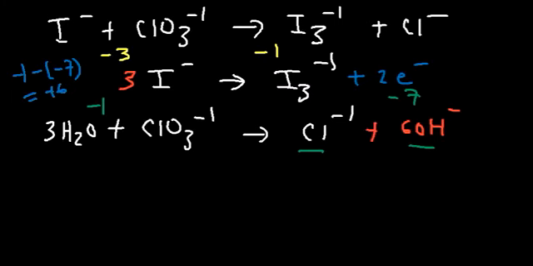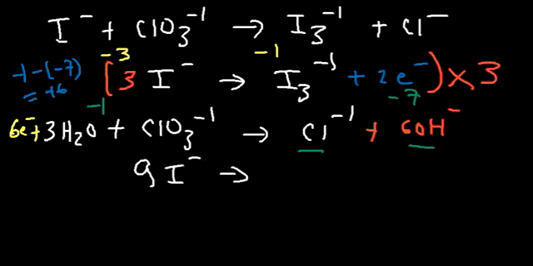So negative 1 is larger than negative 7, so we're going to add 6 electrons to the left side, the side with the higher charge. So now, we need to multiply this equation by 3 so that the number of electrons are the same. If we do that, we're going to have 9 iodide ions, 3 triiodide ions, and 6 electrons.